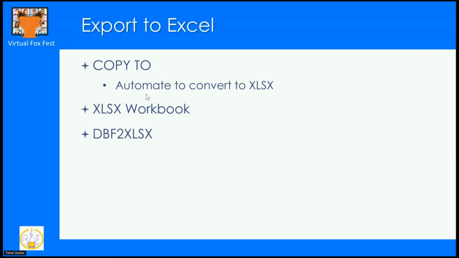There are 2 projects from the FoxPro community that allow you to create XLSX workbooks without having Excel on your machine. The first is XLSX workbook. It comes from Greg Green. It is in VFPX. And it's a class that will do the conversion. It also has the ability to convert a grid to a workbook. And it has ways that you can do formatting.